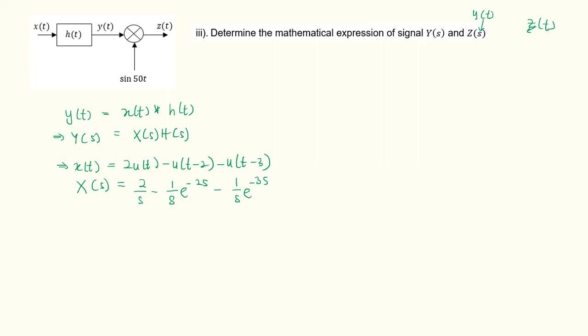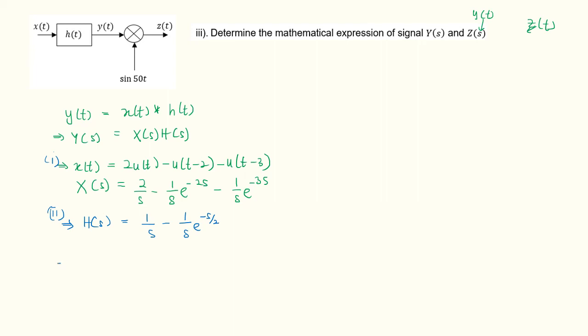And what is your Hs? Hs you have derived from question 2. This is from question 1, and this is from question 2. So Hs is equal to 1 over s minus 1 over s e to the minus s over 2.